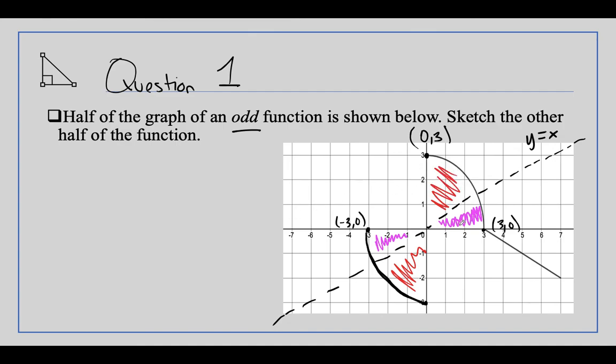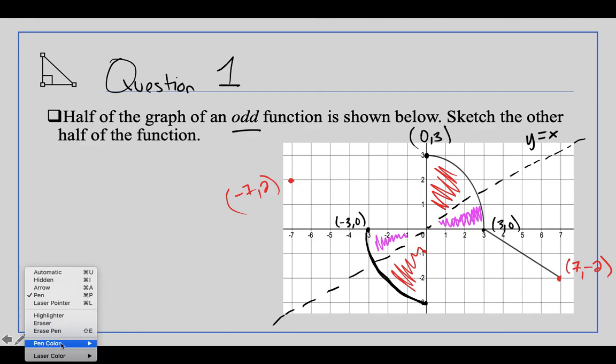Okay, but I'm still missing this line here. So let me grab one more point. Let's do this one, which is 7, negative 2, which means I should have a point at negative 7, positive 2. Negative 7, positive 2. Great. Then I'll draw that line.